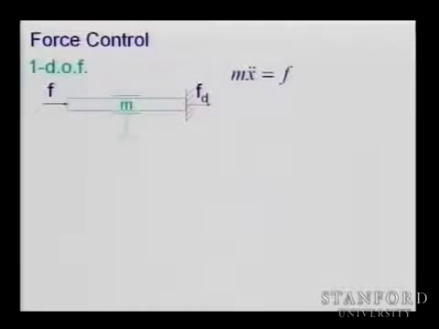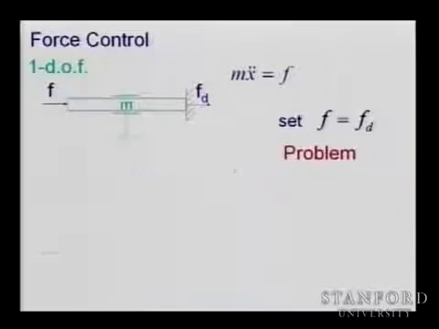Now, for really dealing with the problem of force control, you need to be able to sense the force. And the reason is, if you think about it, let's say I would like to control some F desired. If we set just the control force to the desired force, we will see that actually the robot is not even moving.